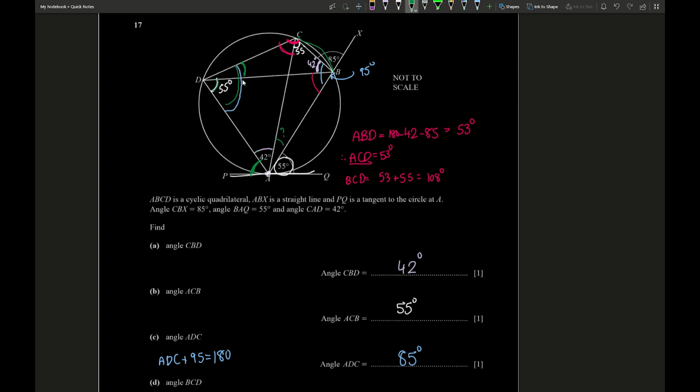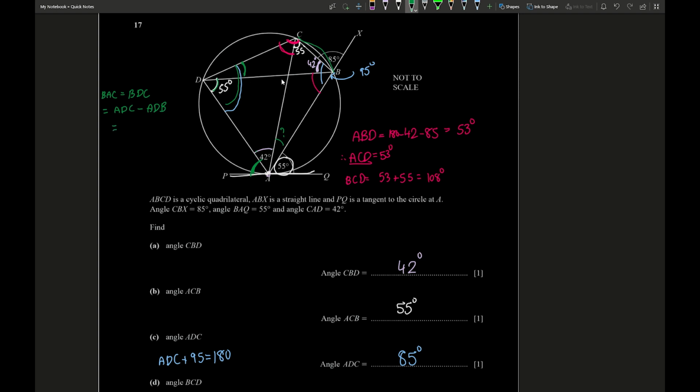Let me write down that BAC is equal to angle BDC, which is equal to this huge angle, ADC minus ADB.